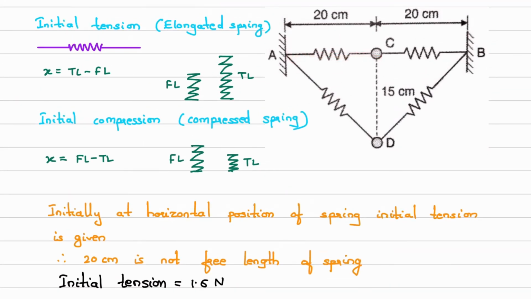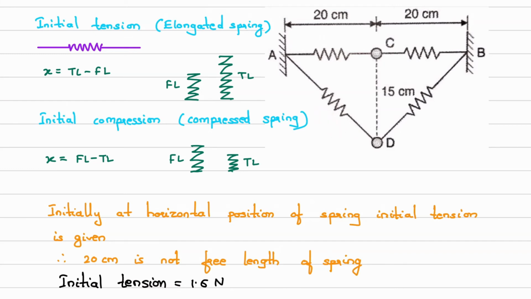Now this ball is released from this position, and the new position of the ball is position D. Now here the spring has further elongated, and we need to find the final deformation of the spring, that will be x2.